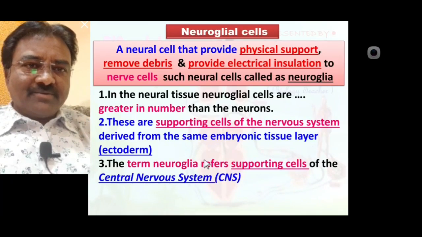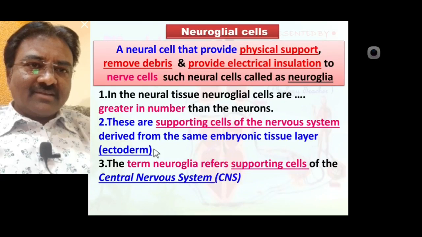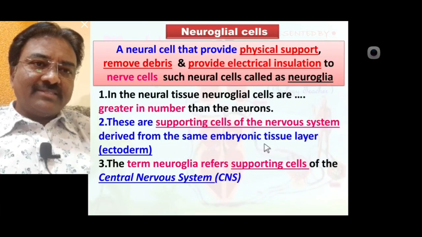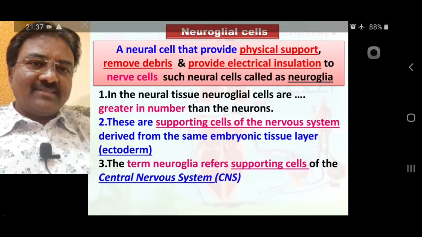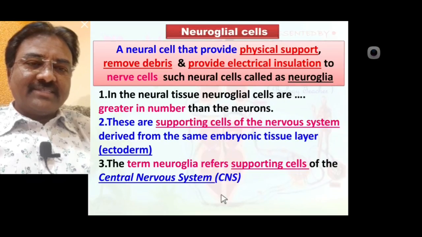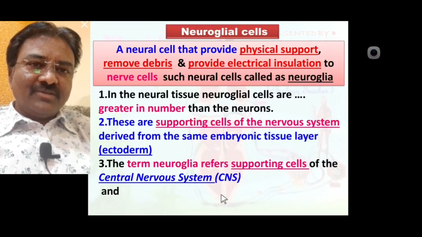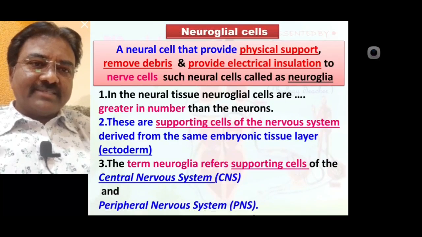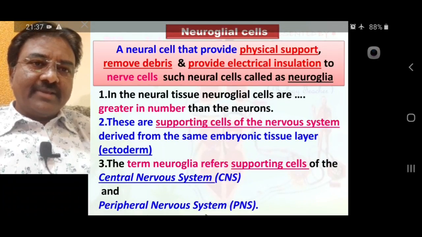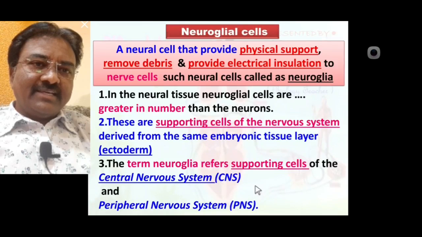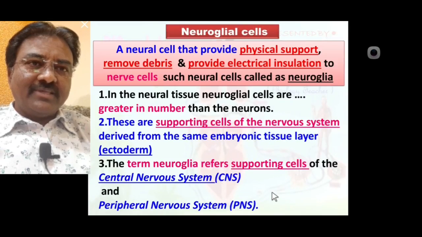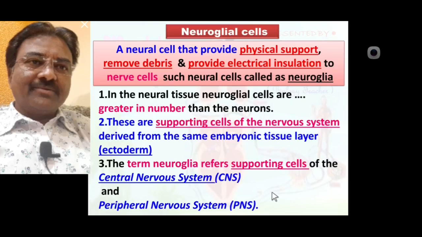The term neuroglia refers to supporting cells. Neuroglia means supporting cells for the central nervous system and also the peripheral nervous system, means neuroglia are present in CNS as well as PNS. Hope that you understood everything. What are actual neuroglial cells and what is the difference between neurons and neuroglial cells?